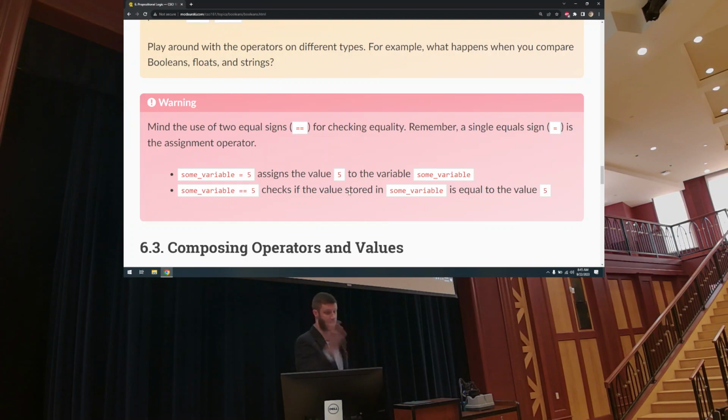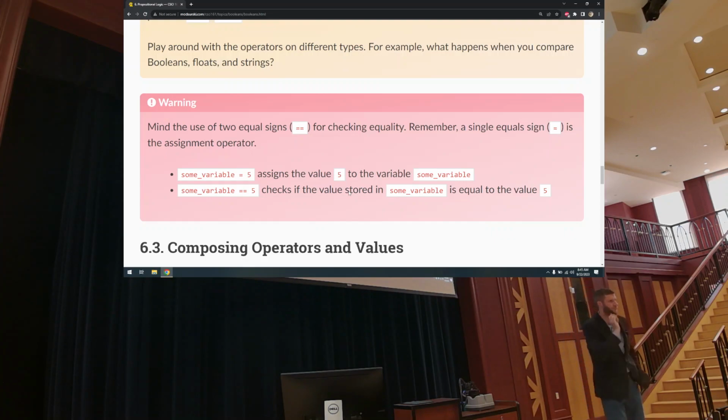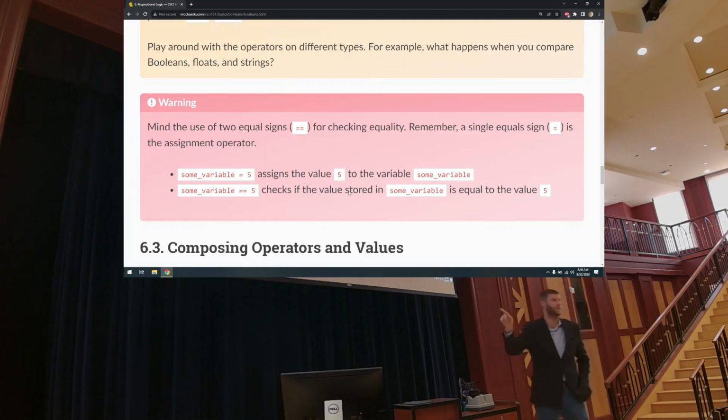In fact, just as another piece of interesting trivia, some programmers do what they call Yoda notation, where if you ever want to do a comparison, and there's a variable and a literal, never put the variable on the left-hand side. Always put it on the right-hand side. That way, if you accidentally mix them up, the program won't even run.